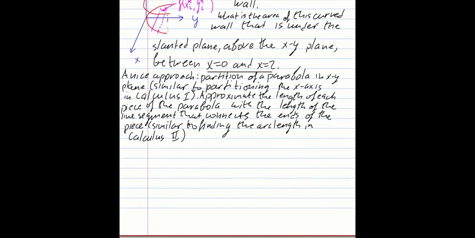So what do we get then? Then what we do? We could take a representative z value for each such piece.